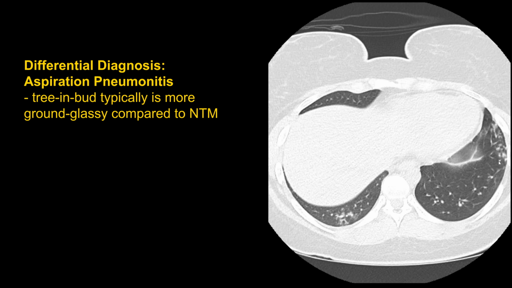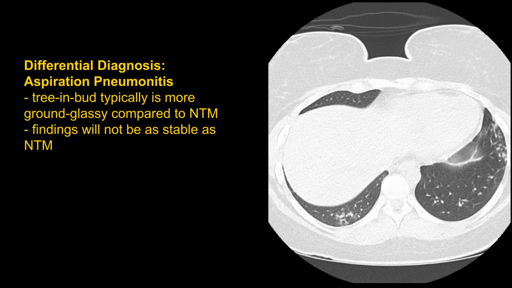And then the second thing is, if you have prior studies to compare to, what you'll notice is that this patient will have normal lungs on the prior, and a patient with nontuberculous mycobacterium typically will have some findings of NTM on the prior study. The other major difference is even in a patient who has recurrent aspiration.